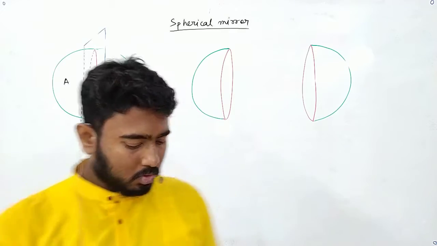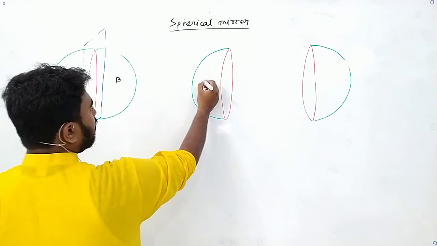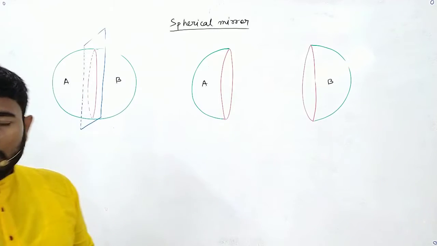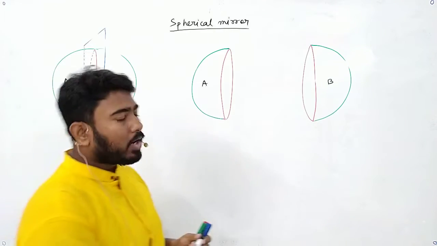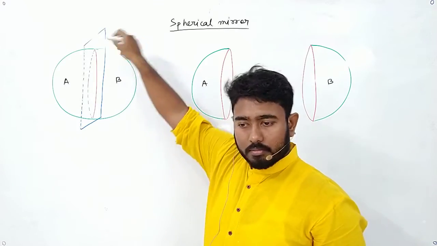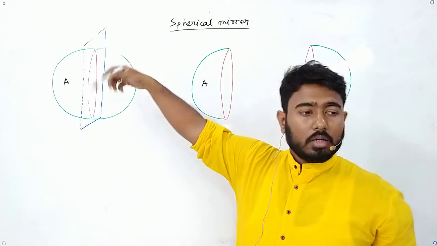Can we see them? So this is A, this is B, right? Okay, tell me, is A part of this sphere? Yes. Is B part of this sphere?